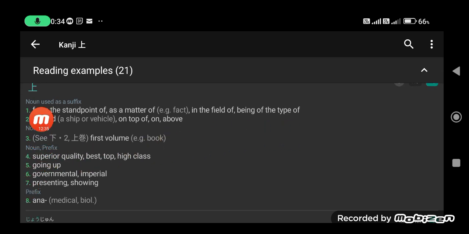That is, this definition 1, definition 2 is when this character is used as a suffix or aboard a ship or vehicle. But when it is not used as a suffix, it is also a noun but with a slight different definition.